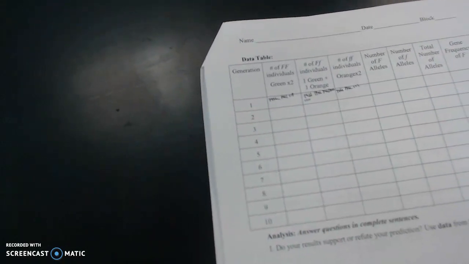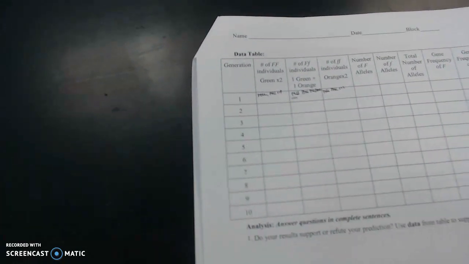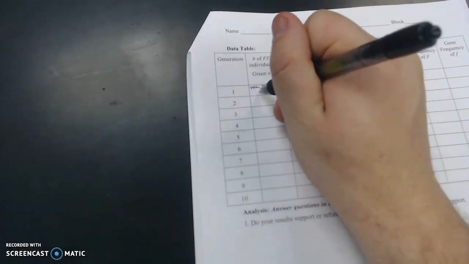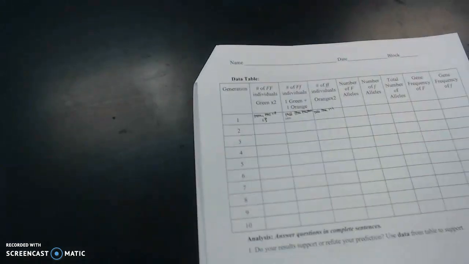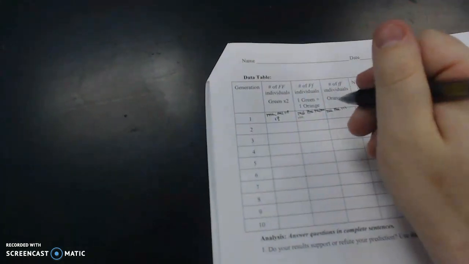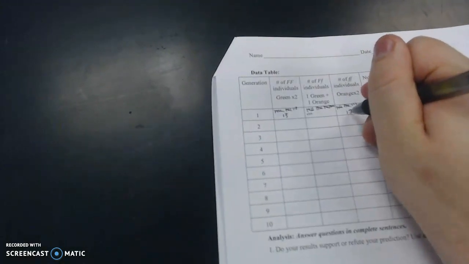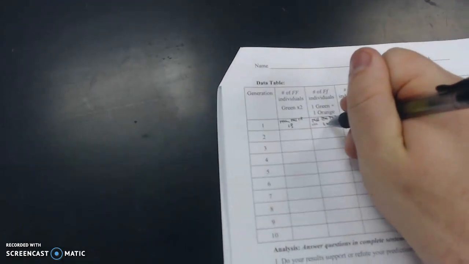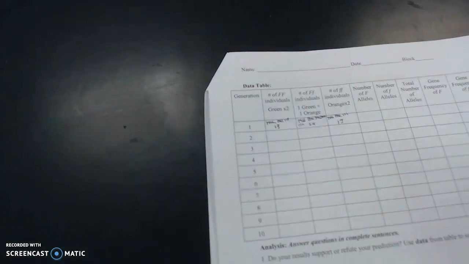All right, so we are back after Generation 1. After Generation 1, Mr. Ernst and I have determined that there were 13 individuals that were homozygous dominant, 13 homozygous recessive, and 24 individuals that were heterozygous.